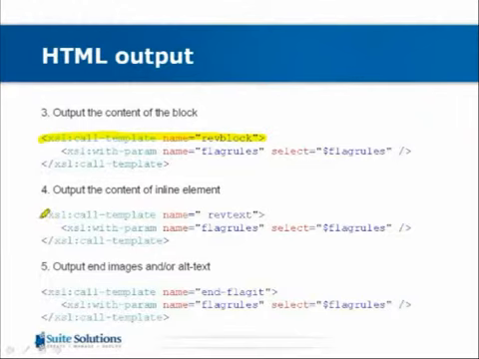If it's an inline element like a ph, a code phrase, or a UI control, then they use rev text, which does special processing to do the correct revision. And if you have an end image, then it's called end flag. You usually do that at the end of your processing to put out the end flag and the alt text for it.